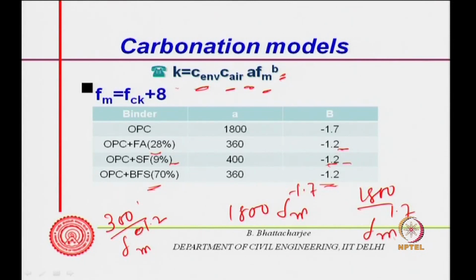This is nearly squaring up, so if it is 50 MPa, this will be somewhere around 2000 or so, while in this case 50 to the power 1.2 would make it 100 or so.